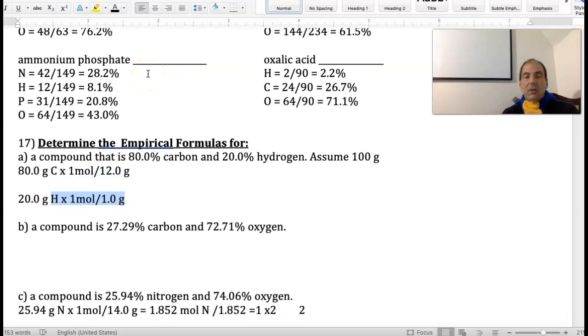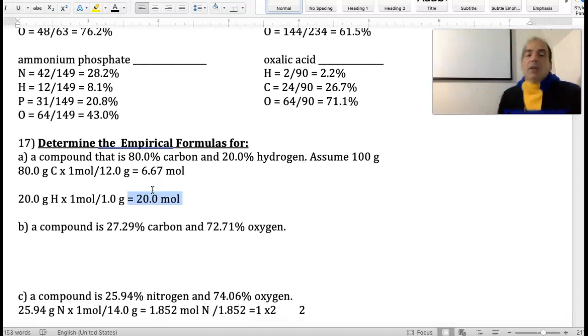All right, so I divide that out. I get 6.67 moles, and I get 20 moles. That does not seem like a simple whole number ratio. Well, it's not. We have to simplify it. Okay, we just got a ratio. Now we go to simple whole number.